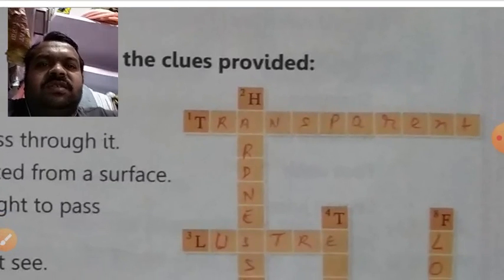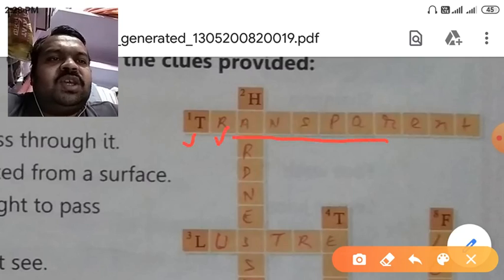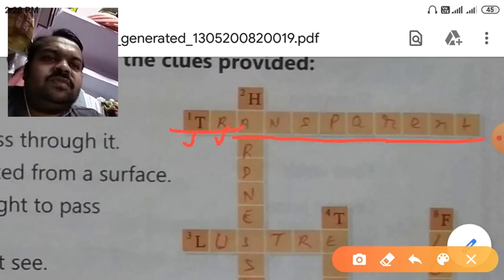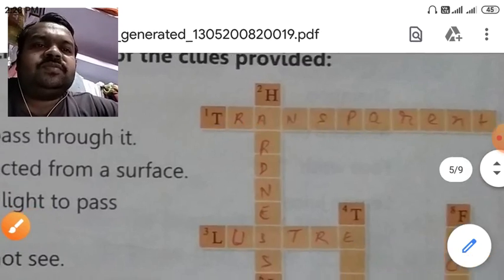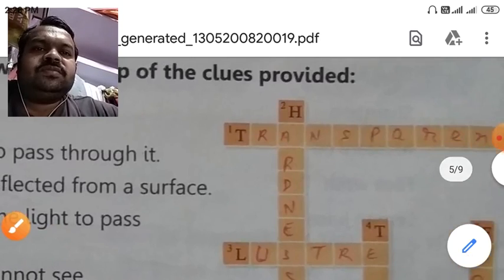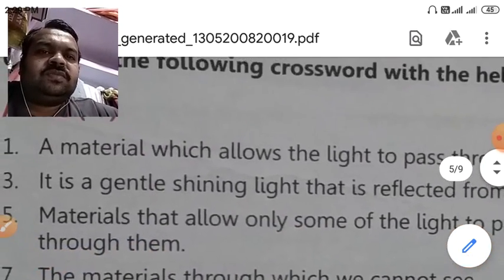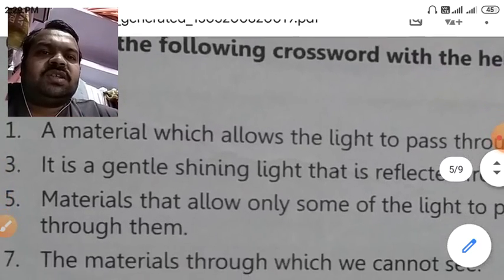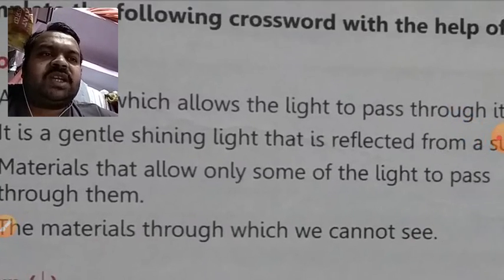So fill here transparent. Next is third number, given here in the across.